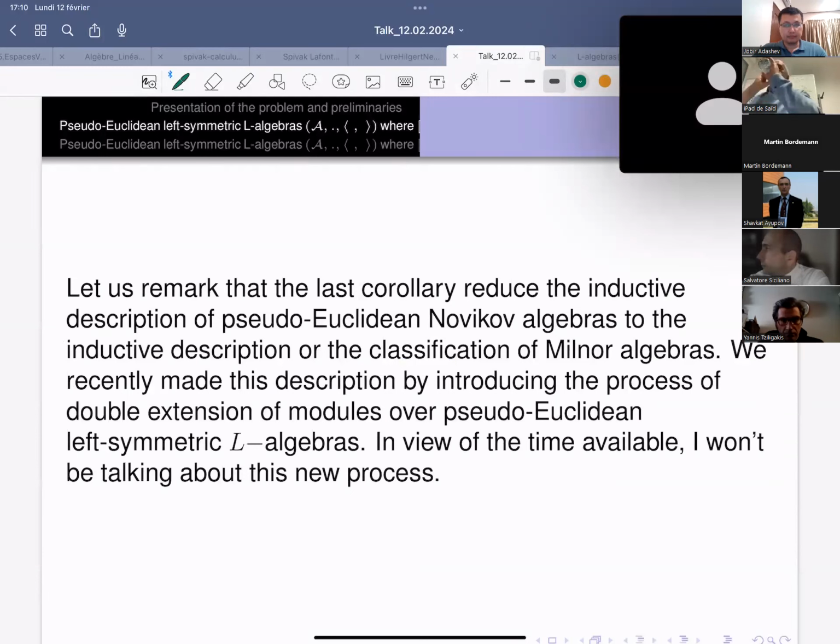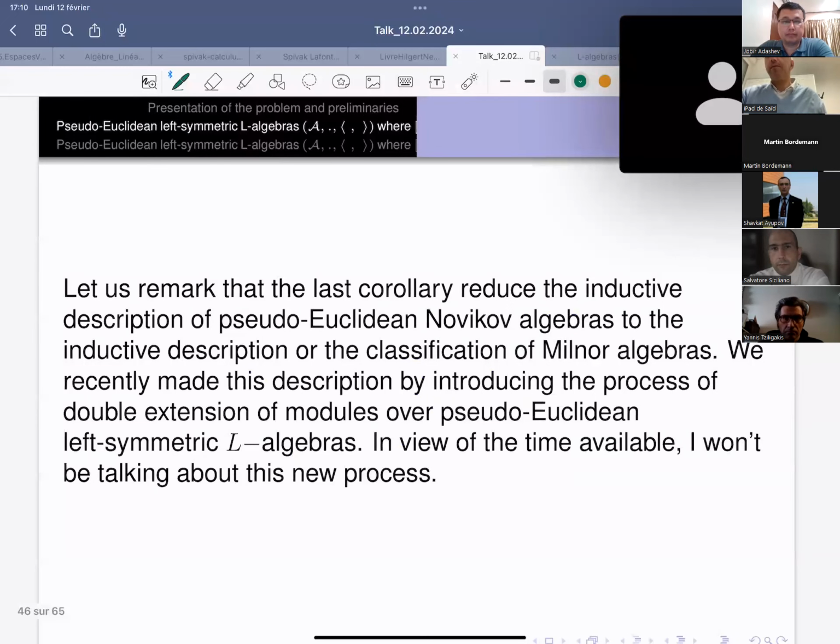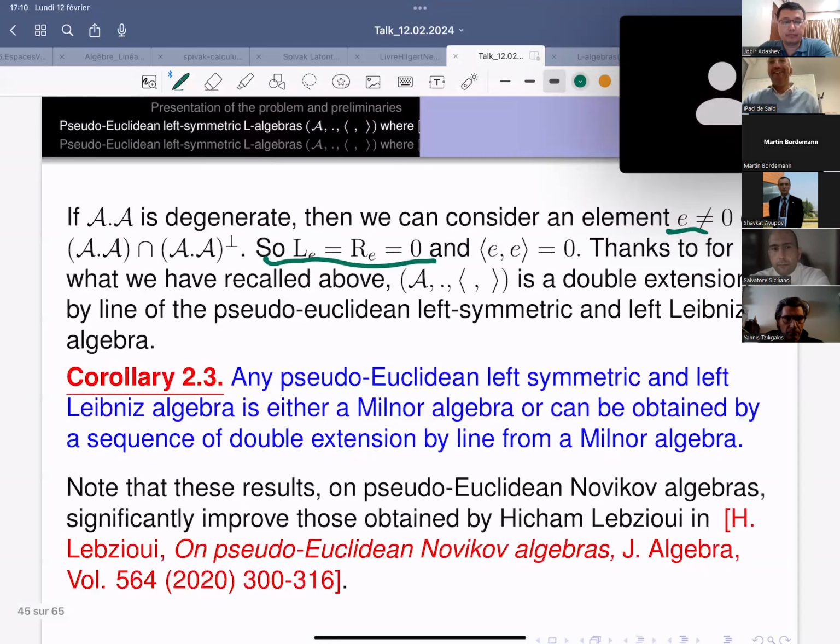Oh, so you are all well connected. You may perhaps unmute your microphones. Are there? Yes.